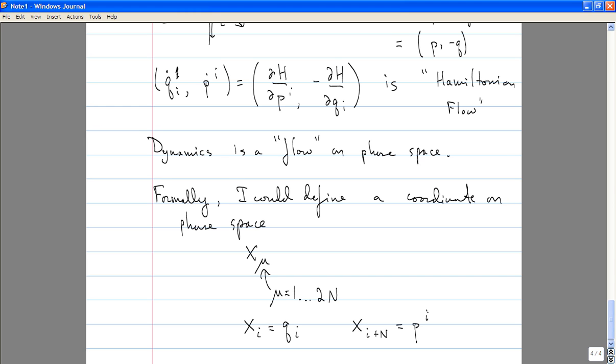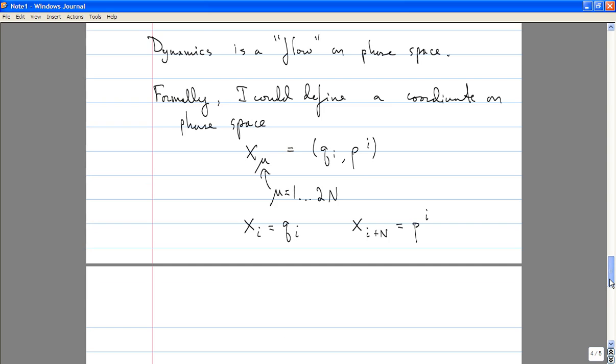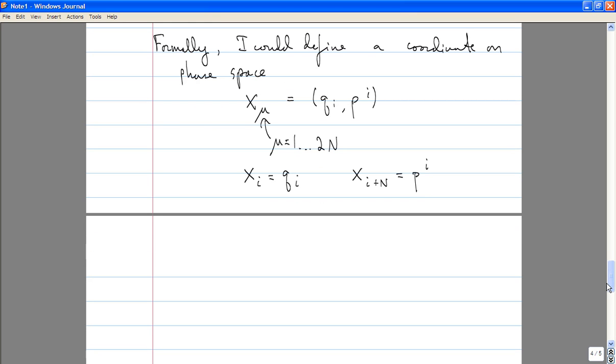So this would be a collective coordinate on phase space given by the q's and p's. That's just a fancy way of saying that I could package together the q's and p's into a single coordinate that I'll call x.